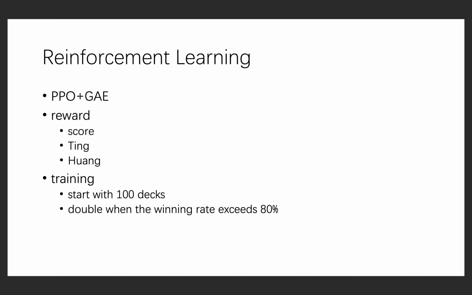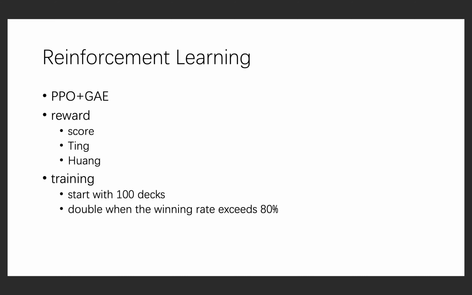During the training phase, the agent plays 128 games against the past model and generates training samples to update policies in the following iteration. In order to stabilize the training process, we start with 100 desks, and the number of desks will be doubled when the training agent has a winning rate over 80%.